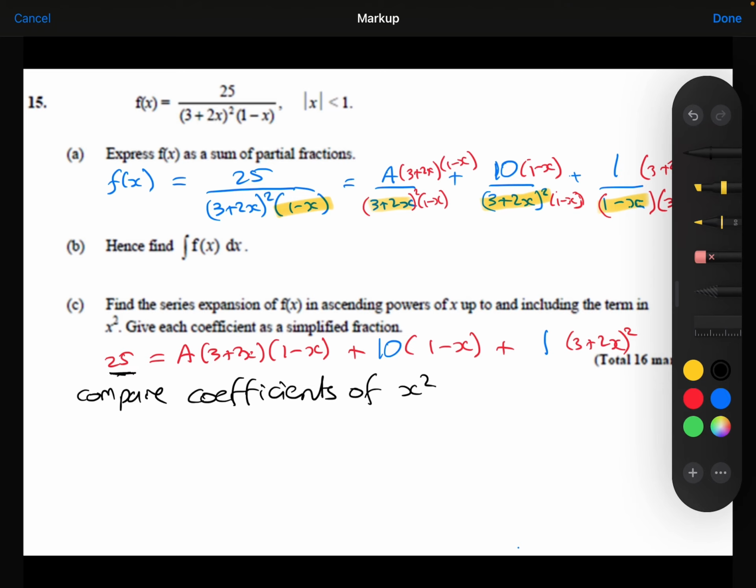There's no x squareds there at all, so let's put a 0. On the right-hand side, if I was to expand this out, then from the first bracket, I've got this 2x times minus x. So that would give me a minus 2x squared, which when multiplied by the a, I get minus 2a x squareds.